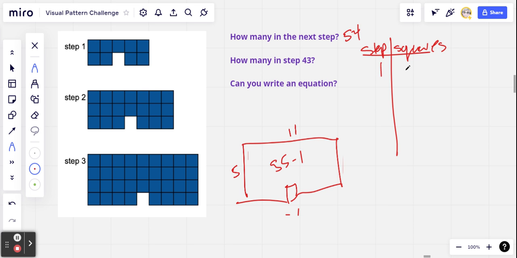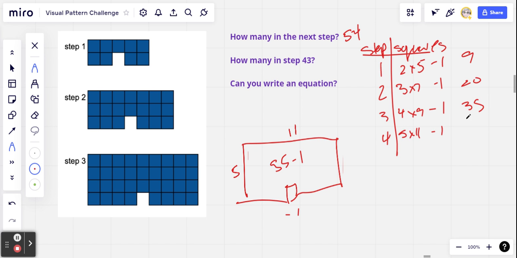So in step 1, I'm going to write this as 2 times 5 minus 1, and that is 9. And in step 2, this is 3 times 7 minus 1, and that would be 20. And in 3, this is 4 times 9 minus 1, that'd be 35. And in step 4, we're saying it's going to be 5 times 11 minus 1, and we calculated that to be 54.